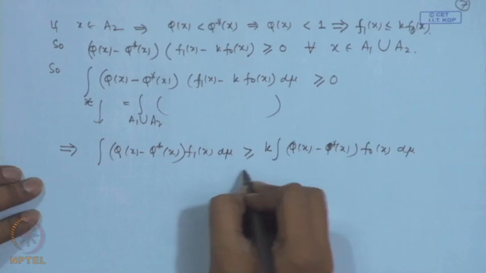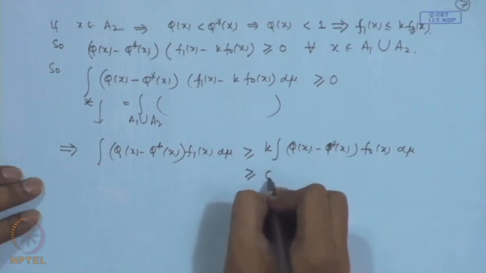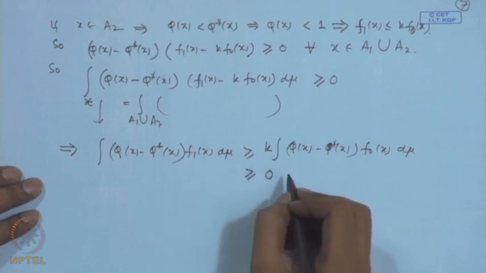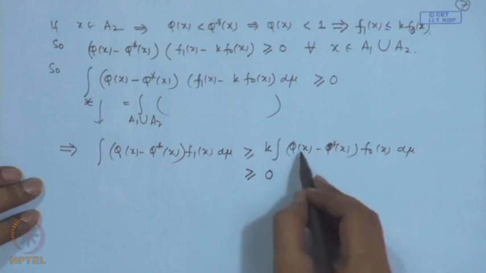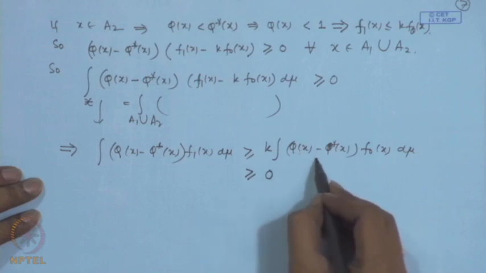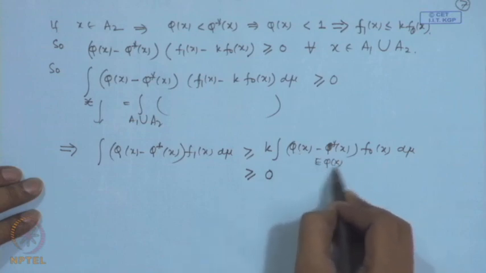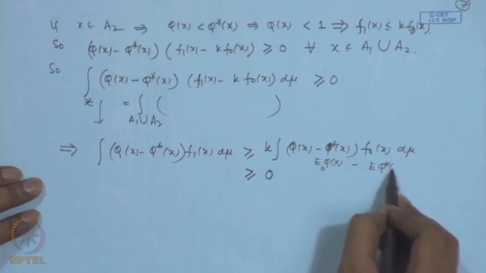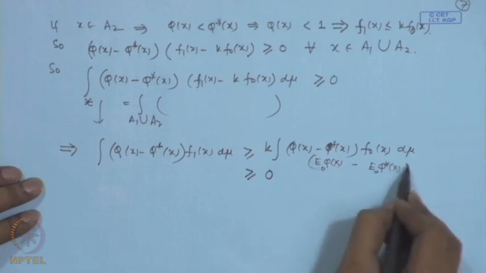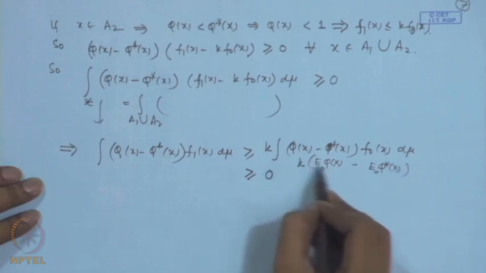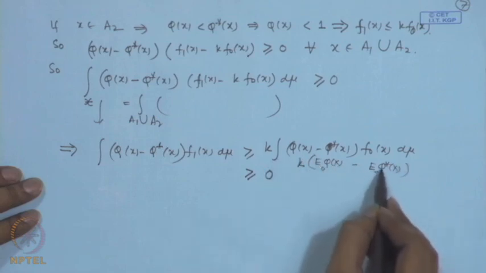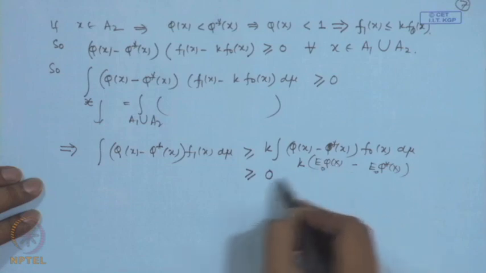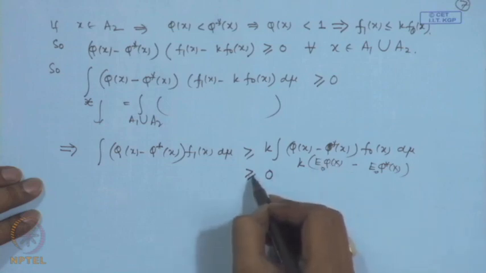Now, this is actually greater than or equal to 0, because this is nothing but the expectation of phi under H naught and this is the expectation of phi star under H naught, times k. We have assumed that this is less than or equal to alpha and this is equal to alpha. So, this will be greater than or equal to 0.